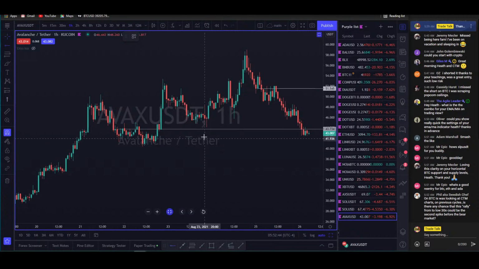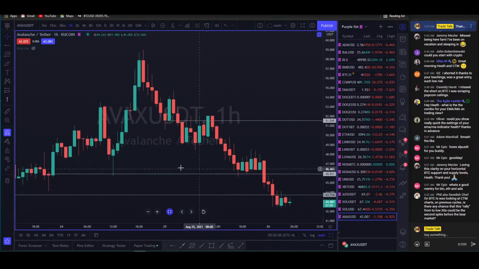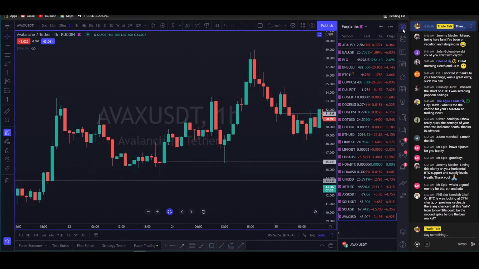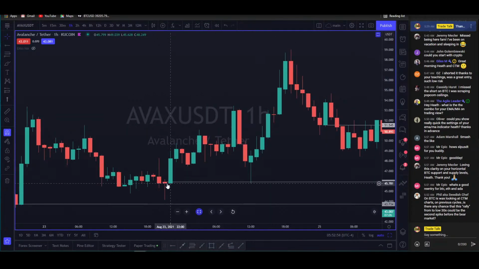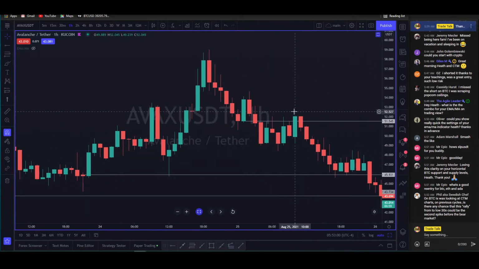This is where you would have been looking to take profits right around that level of demand. Right there. That would have been the target from entering this short to there. That would have been a perfect setup. Depending on where you got your stop, I mean perfect setup, right?